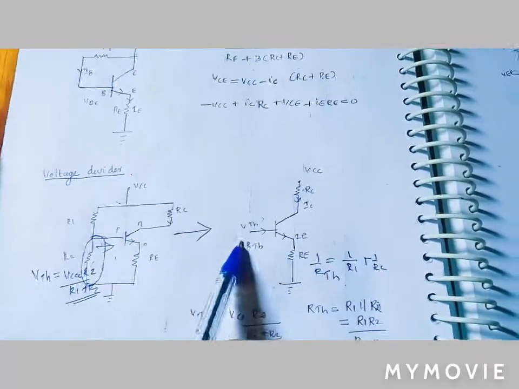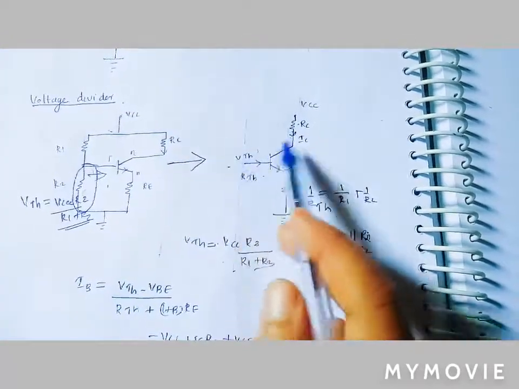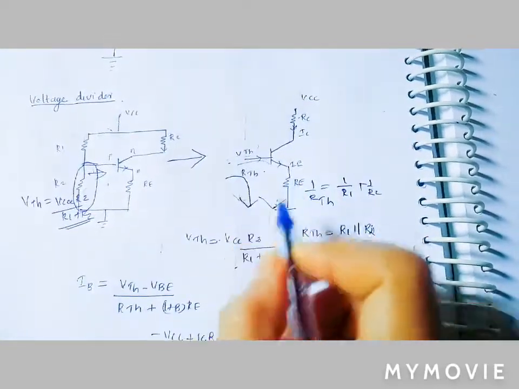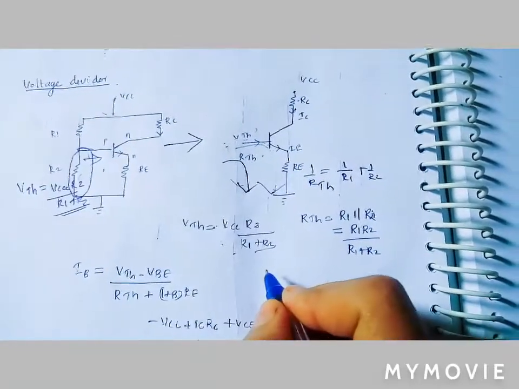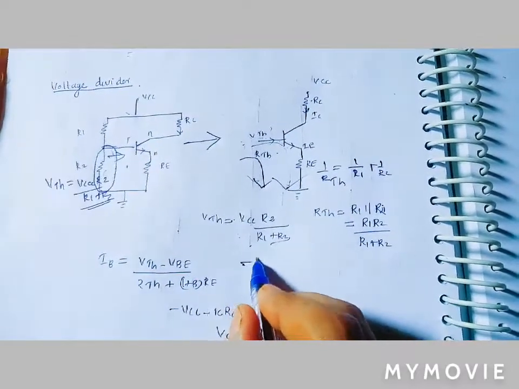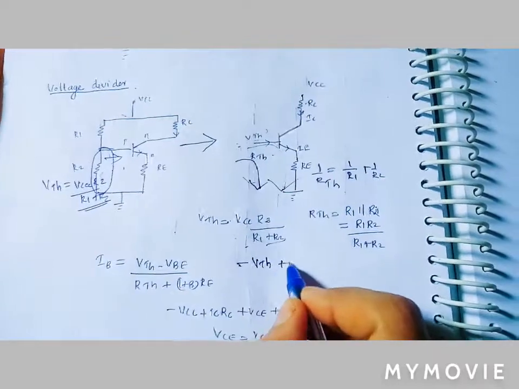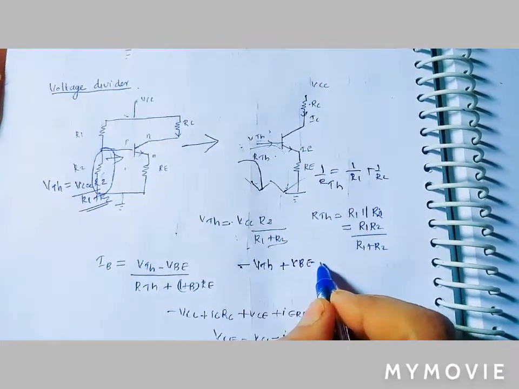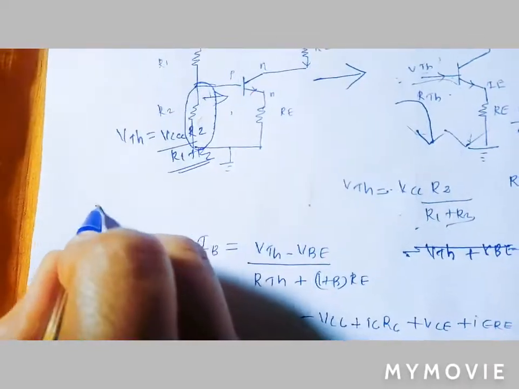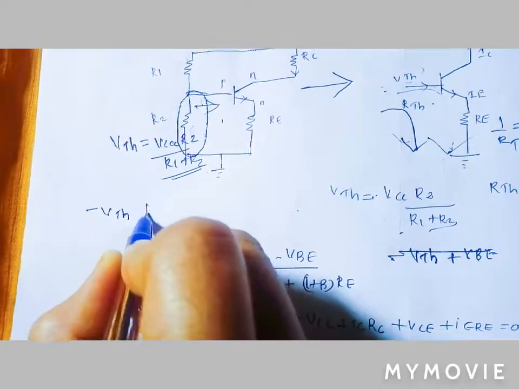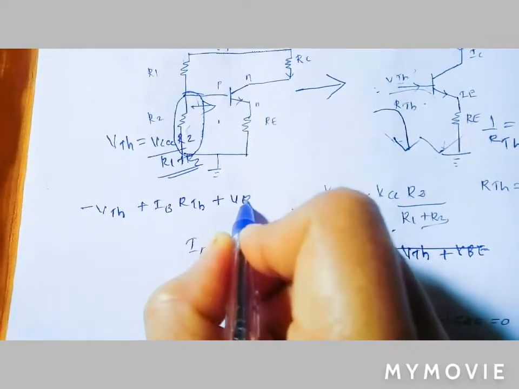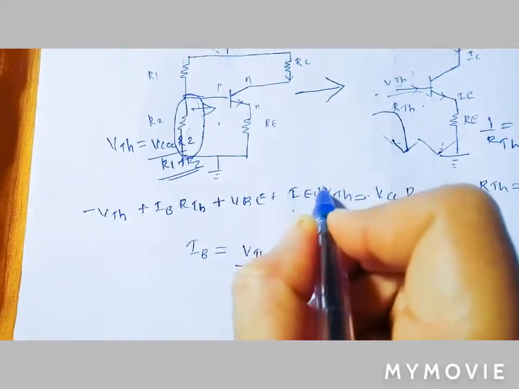So the circuit is changed as like this. Here in this input we are applying the Kirchhoff voltage law, that is minus VTH plus IB RTH plus VBE plus IERE.